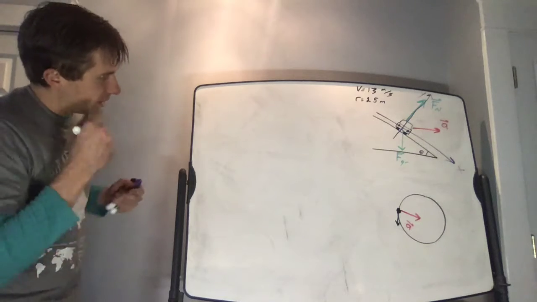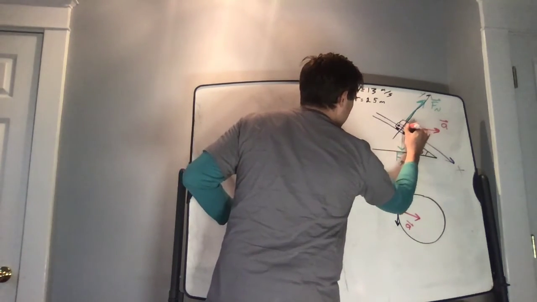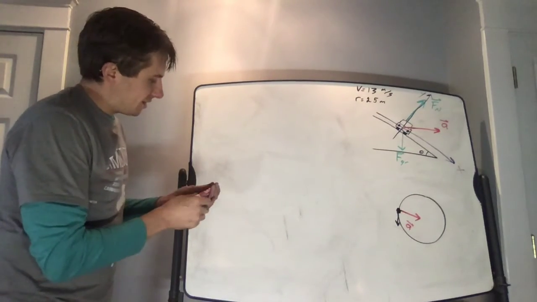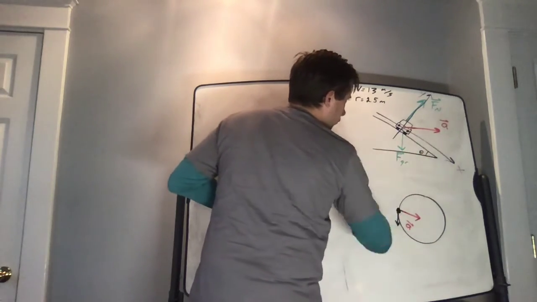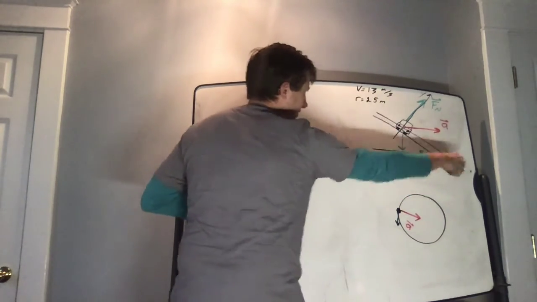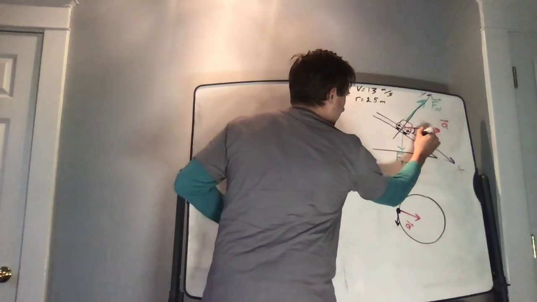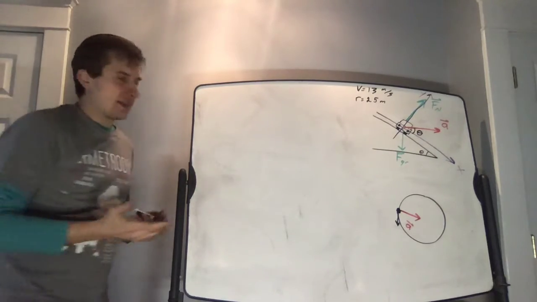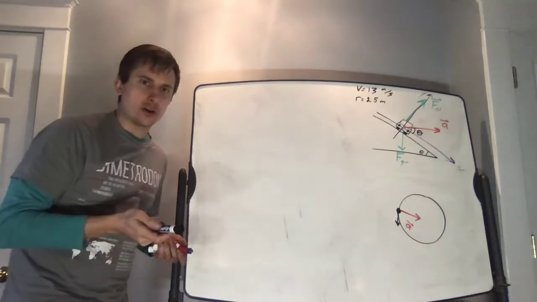I'm going to clean up my picture a little bit. I could draw the acceleration vector to look something like this. I notice that whatever angle theta makes with the horizontal and the incline, this angle will also be theta as well. And I know that the acceleration is horizontally towards the center of the circle.